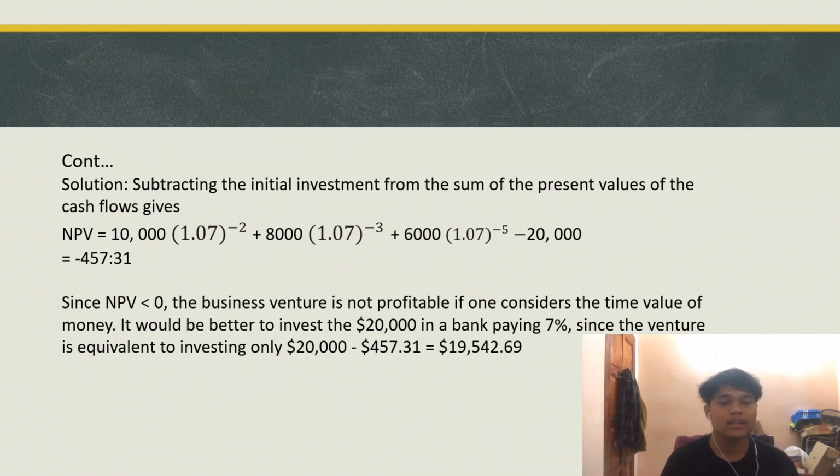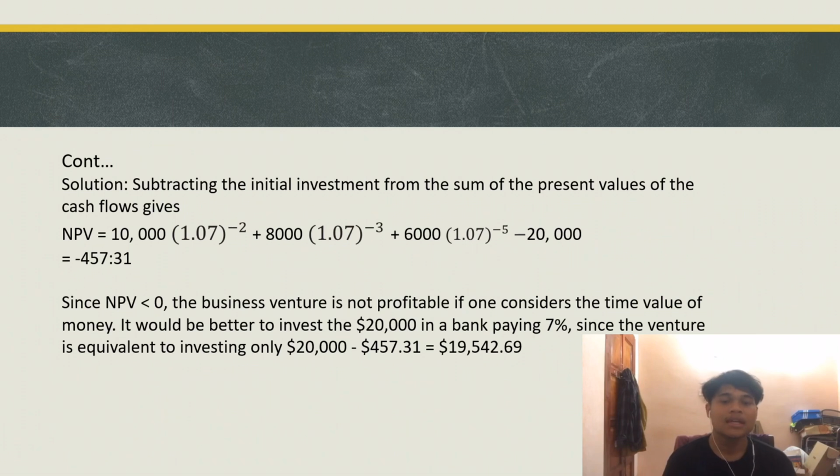So for the second year, we put $10,000 multiplied by 1.07 to the power of negative 2, plus the third year, $8,000 multiplied by 1.07 to the power of negative 3, and then $6,000 multiplied by 1.07 to the power of negative 5, and we must subtract the initial investment, which is $2,000 that we invest.